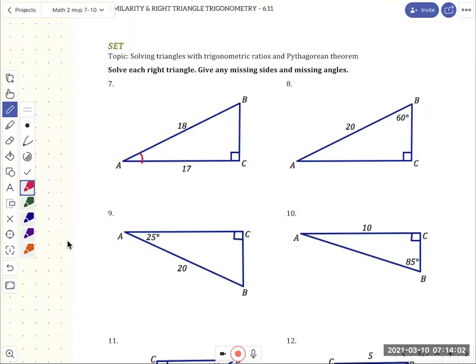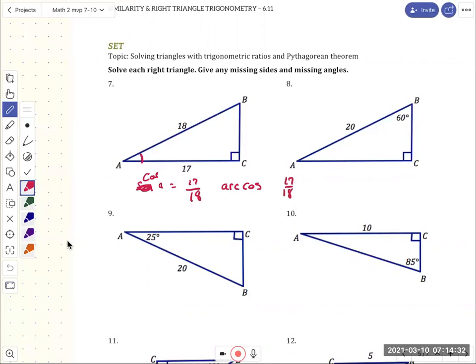So the cosine of A equals 17 to 18. Then you'd say, okay, arc cos, the reverse cos, and just ask what degrees that is.